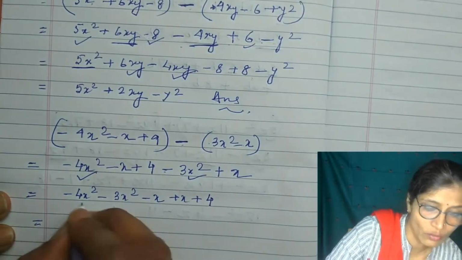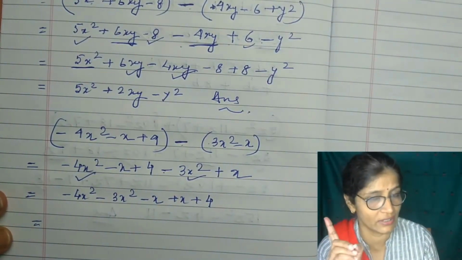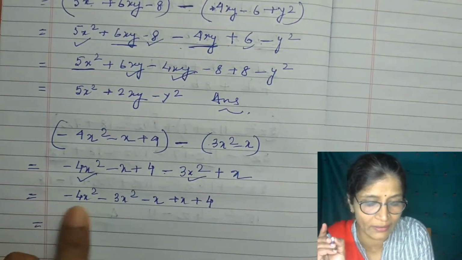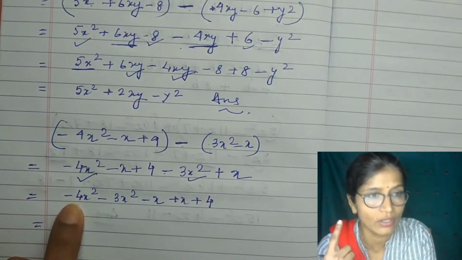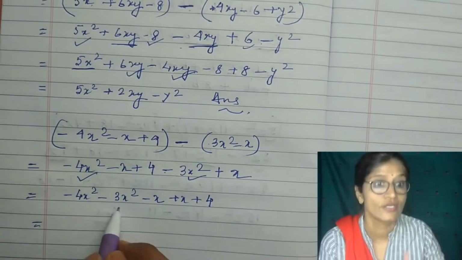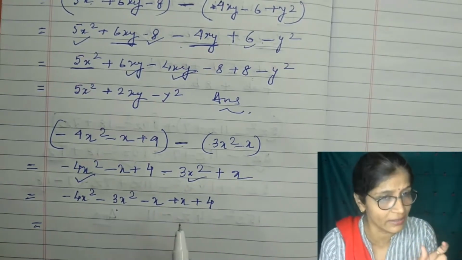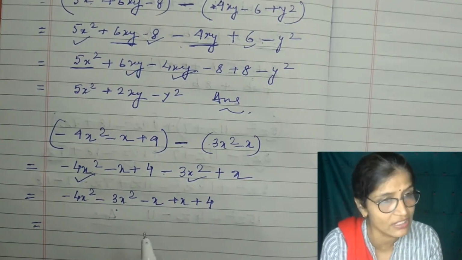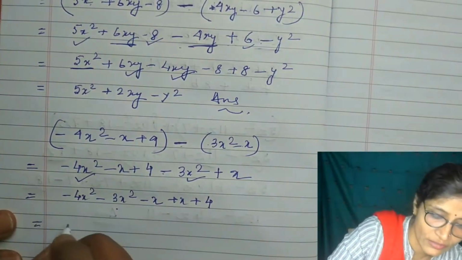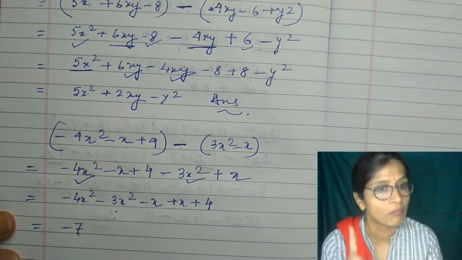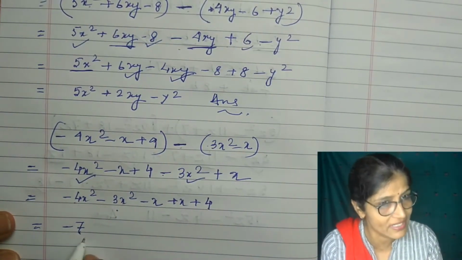So that is equal to minus 4 minus 3. The numerical coefficients of both like terms: here it is minus 4 and here it is minus 3. Since the signs are the same, I will add them together, but I will give the sign minus. So minus 4 minus 3 is equal to minus 7.